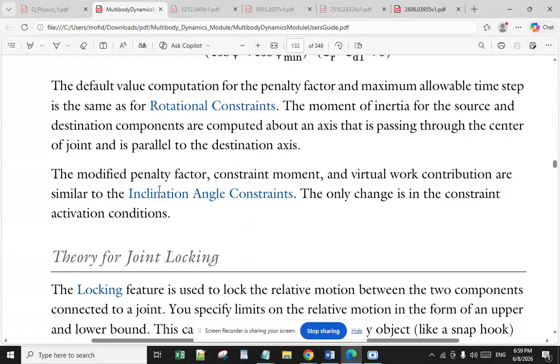The moments of inertia for the source and destination components are computed about an axis passing through the center of the joint and parallel to the destination axis. The modified penalty factor, constraint moment, and virtual work contribution are similar to the inclination angle constraints. The only change is in the constraint activation conditions.